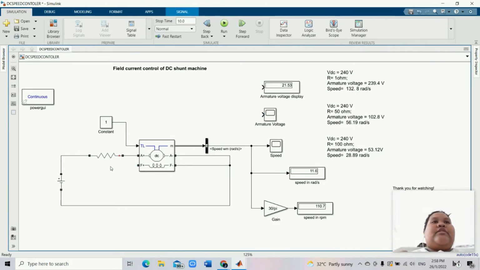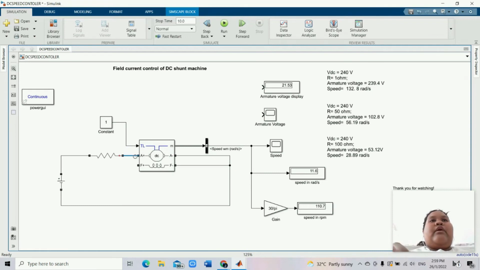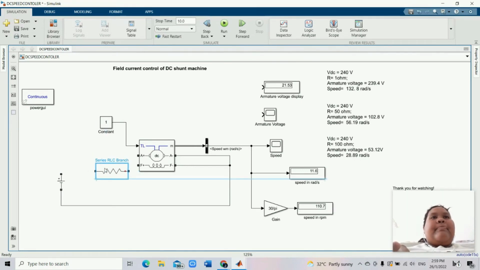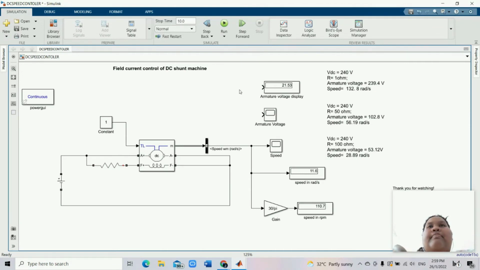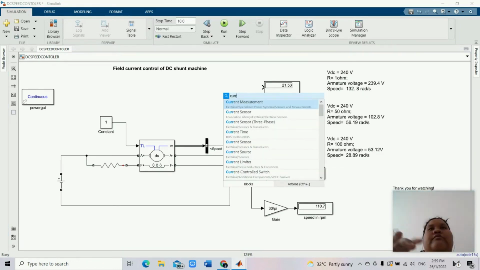The position of the resistance will also be at the field part.